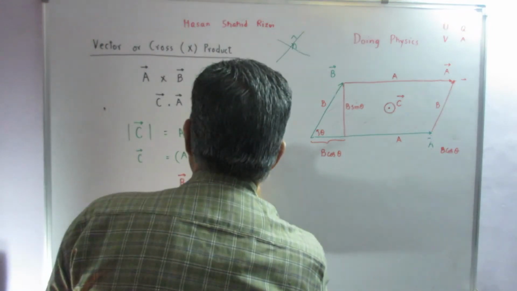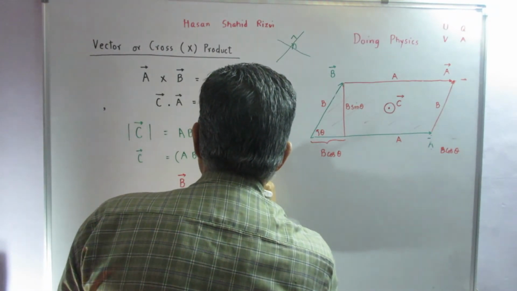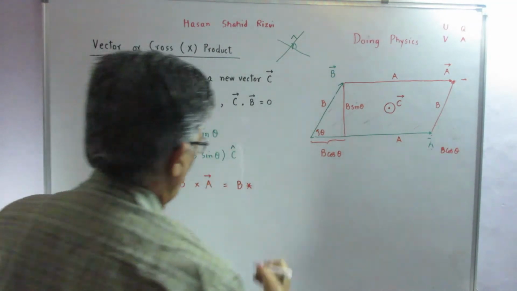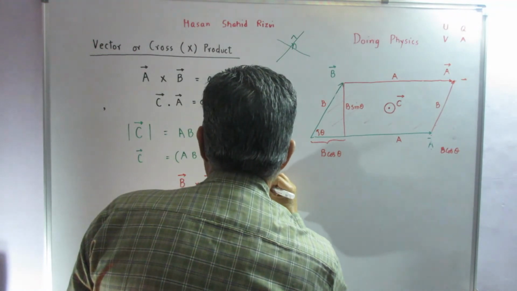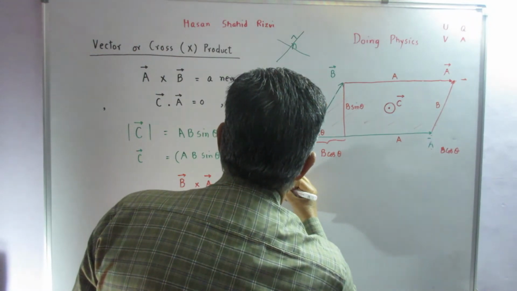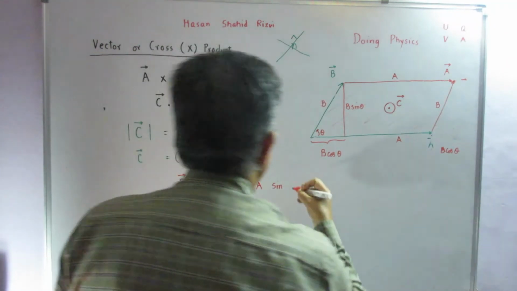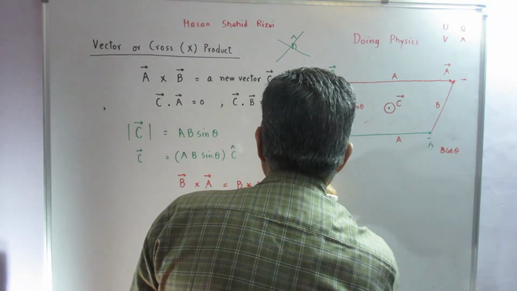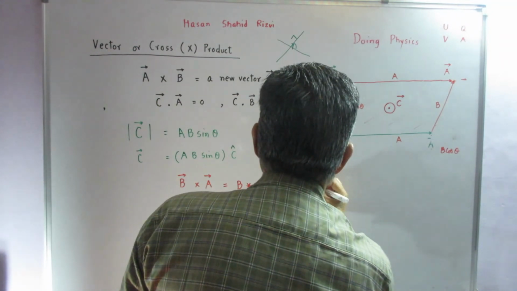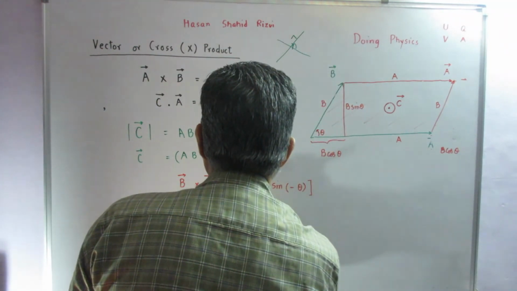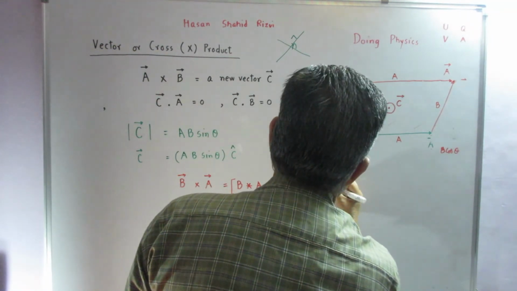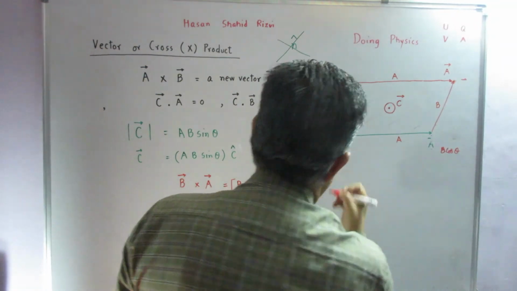But I'll elaborate a little bit more: B cross A will be equal to B into, now this into is a scalar product, B into A, sine of, what is the angle? Sine of minus theta, and this whole thing multiplied by the resultant vector, which I can write as C dash cap.